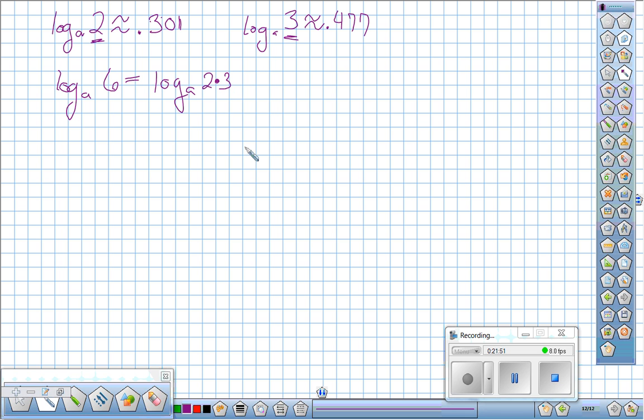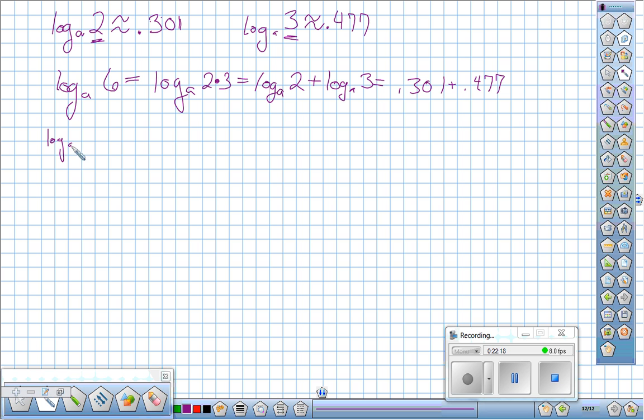Now I'm going to use all my formulas that you know already, and I'm going to rewrite it. I'm going to say log base a of 2 plus log base a of 3. And then I'm just going to replace it with those numbers. So I have 0.301 plus 0.477. I don't have my calculator handy, so I'm going to let you guys just add those up and figure out what those answers are.